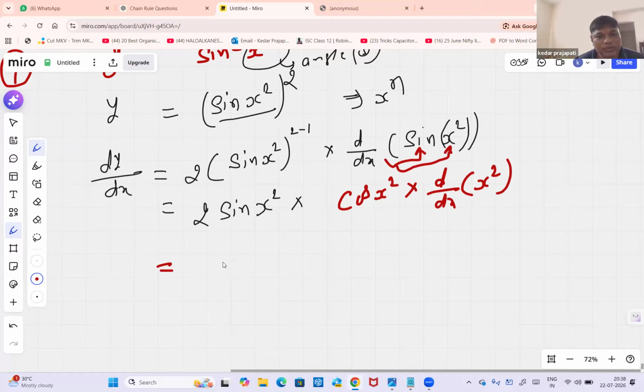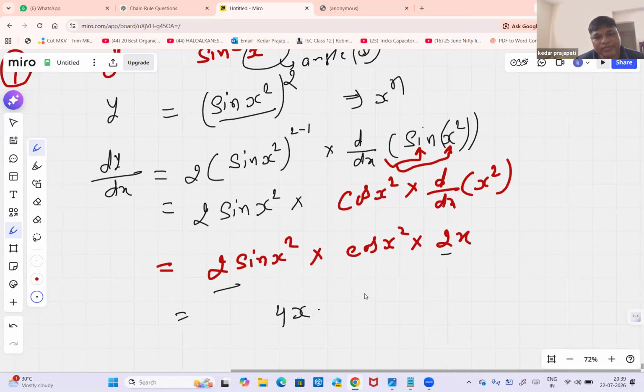So 2 sine x square into cos x square into 2x. Now the final answer will be 2 into 2, 4x sine x square cos x square. So this is how we have to build the logic.